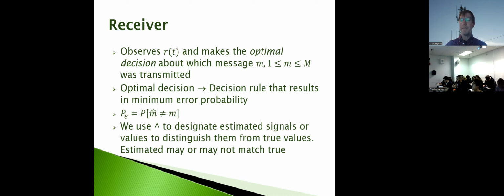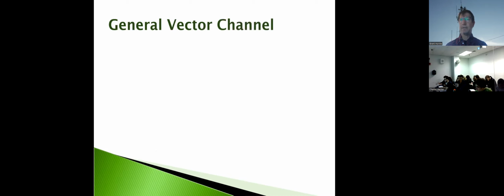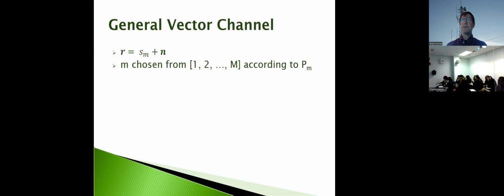So m without a caret or a hat on top would be the true message that was actually sent, whereas m hat, or m caret, is the one that we're estimating at the receiver. Obviously, we'd like those to be identical, but that's not always going to be the case.